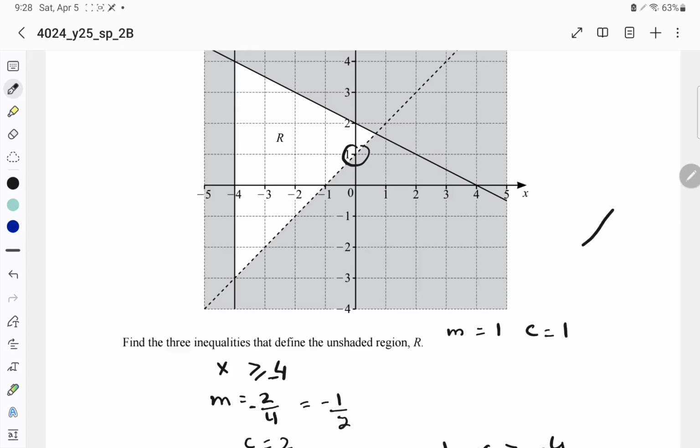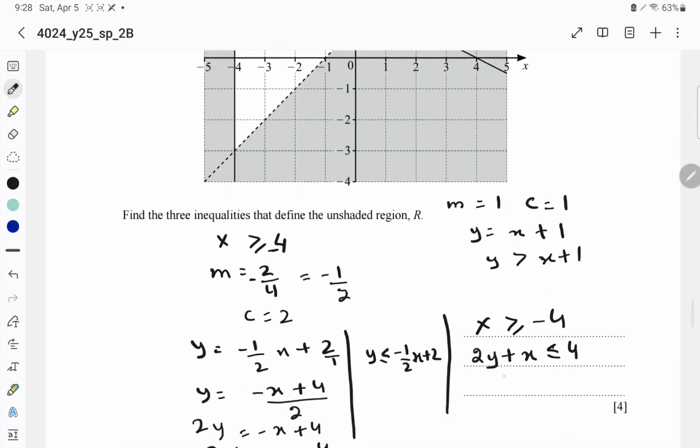It's rising from the right, so it's positive 1. If you have any problem, you can take the coordinates minus 1, 0 and 0, 1, and then you will get the same gradient. So y is equal to x plus 1. But the region is above the line, so y is greater than x plus 1.